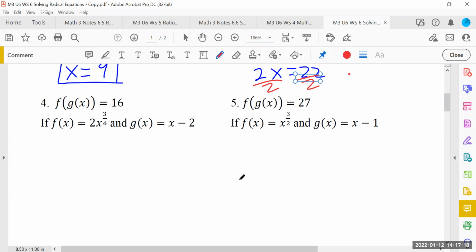So rewrite that 8 as 2 to the 3rd power, but then that is multiplied by the 4/3. Since 2 to the 3rd is raised to the 4/3, multiply those two powers.